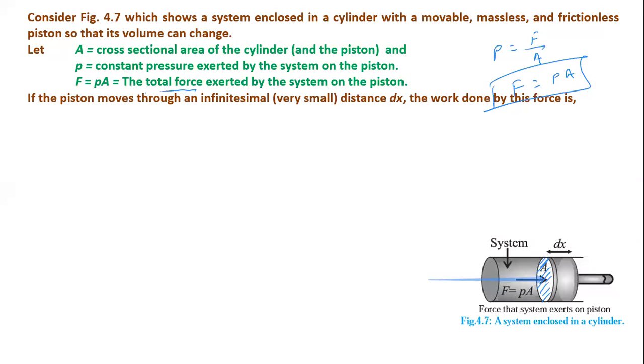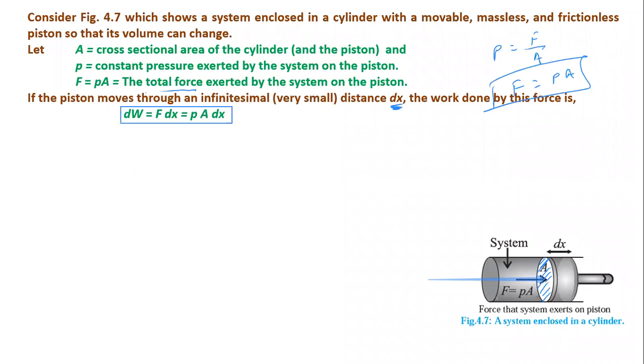If the piston moves through an infinitely small distance dx, the work done by this force is, you know the basic formula of work done, force into displacement. Now force is pressure into cross-sectional area, and this is dx.